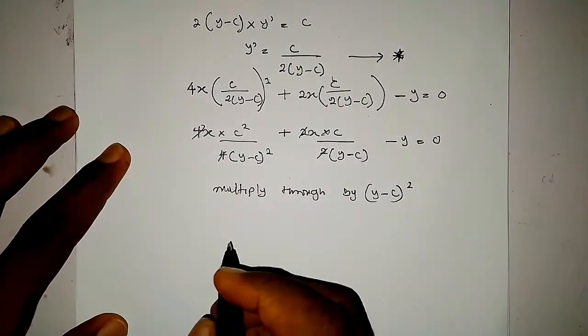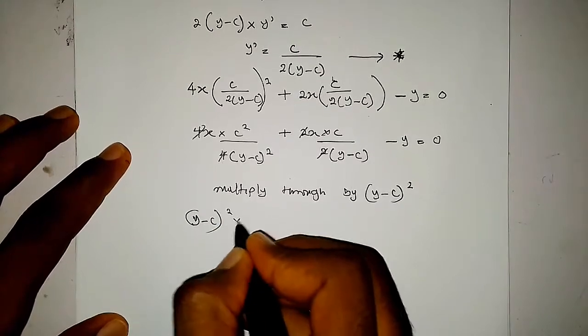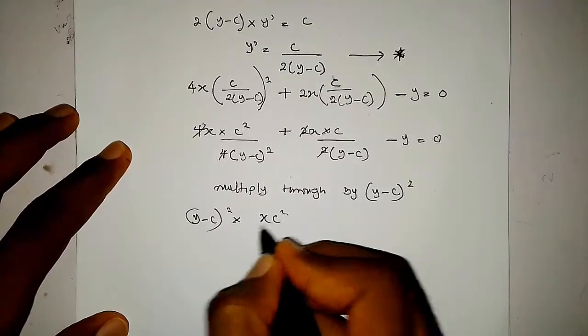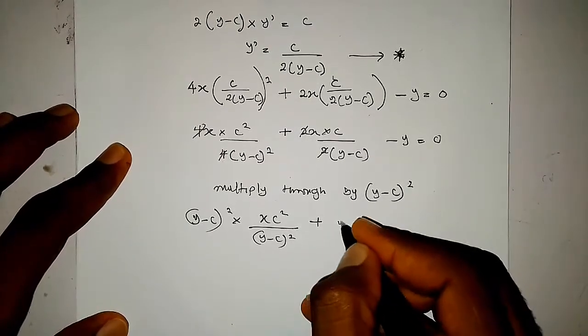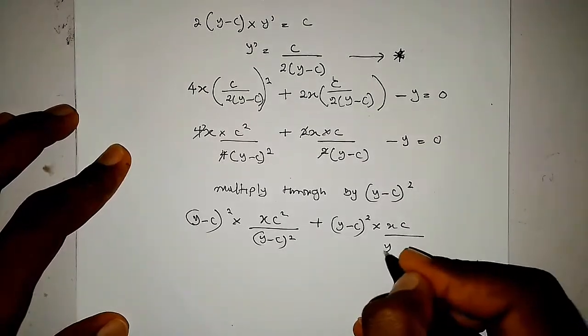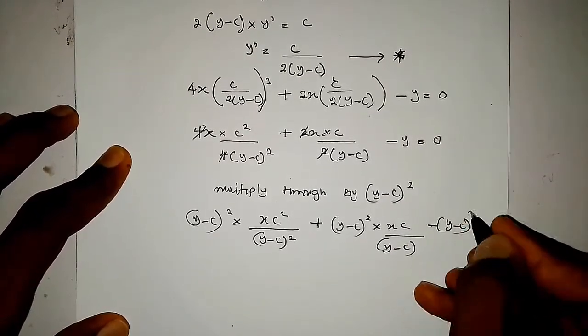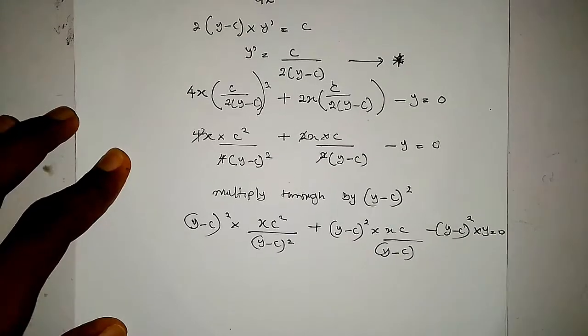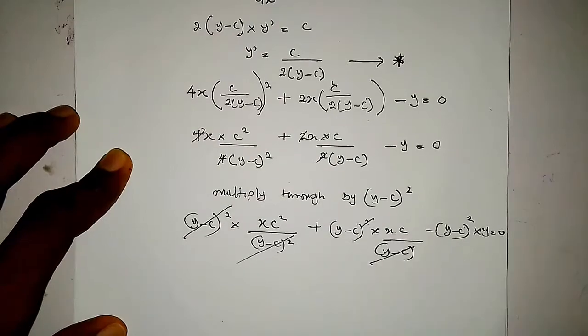Multiplying through, we have (y − c)² times xc² over (y − c)², plus (y − c)² times xc over (y − c), then minus (y − c)² times y equals 0. Then this will cancel out this, and this will cancel out one of these.